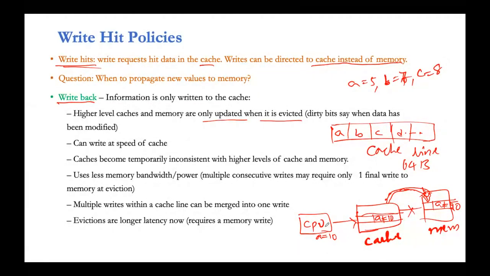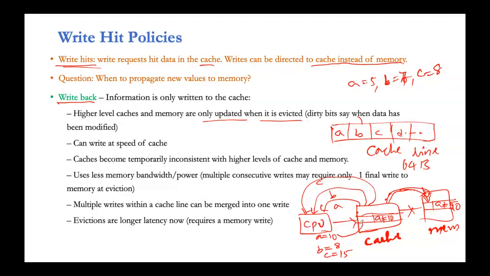So the CPU first requests A, the piece of your cache line word, and that is updated to 10. Then the second time it may access B, that is responded to by your cache, then it requests C, that is responded to by your cache. So those values may be changed after computation, like B is equal to suppose 8 and C is equal to suppose 15.